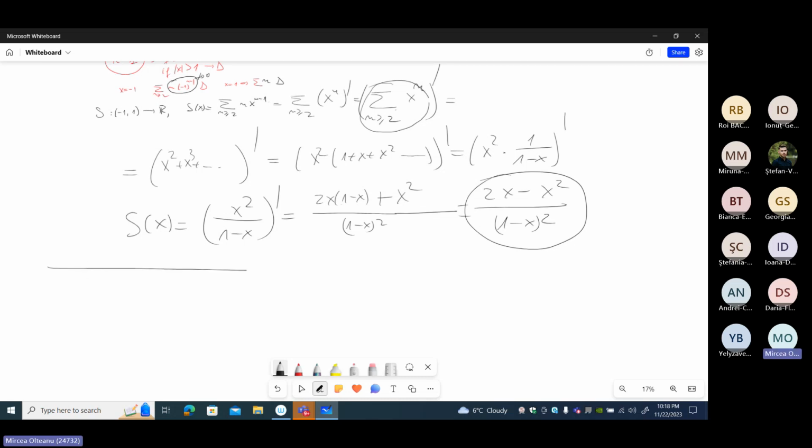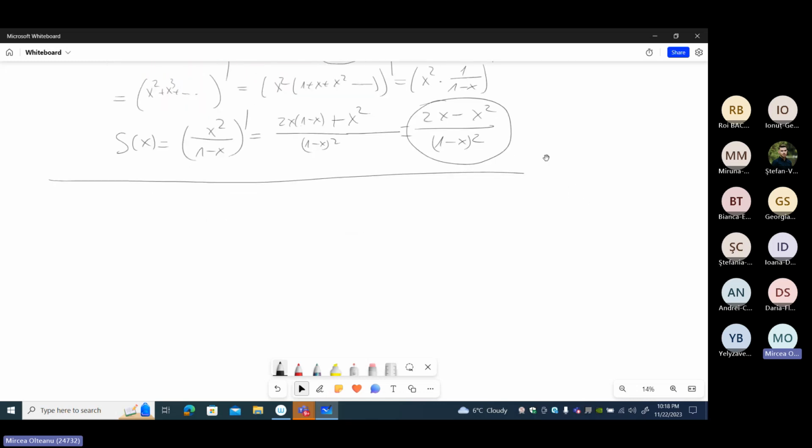Another idea is to differentiate. For example, let's consider the following power series: the sum for n greater or equal than 2, let's say, of (-1)^n times x^n over n+1.